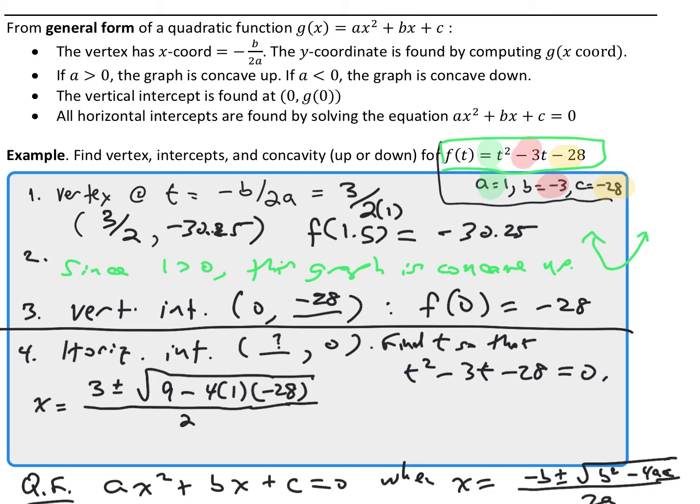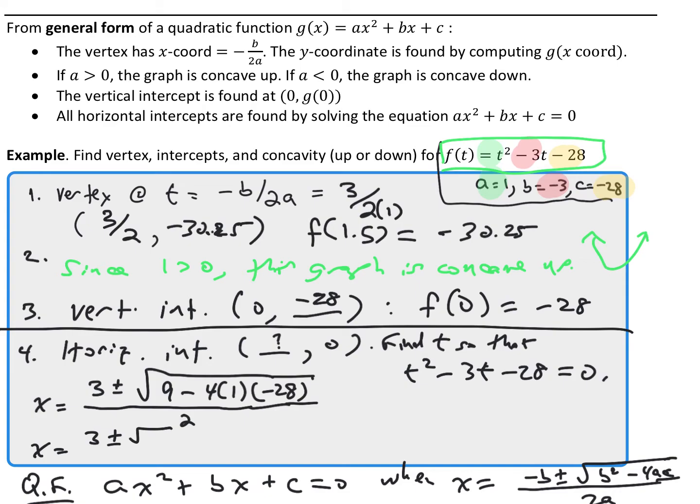So to work with this, we don't want to try to pile all this into our calculator at once. The best way to do it is to first figure out what this number is under the square root sign. If you do that, it'll take a second to do it. So we should have x is 3 plus or minus square root.